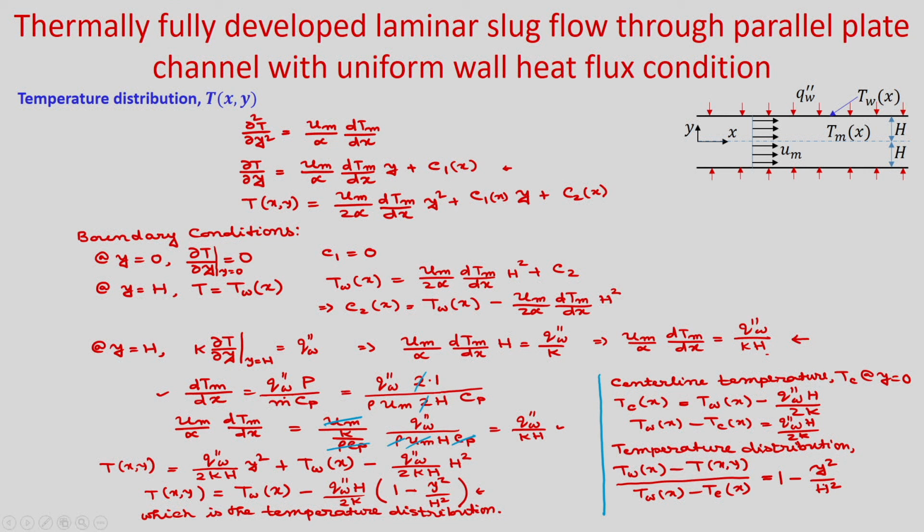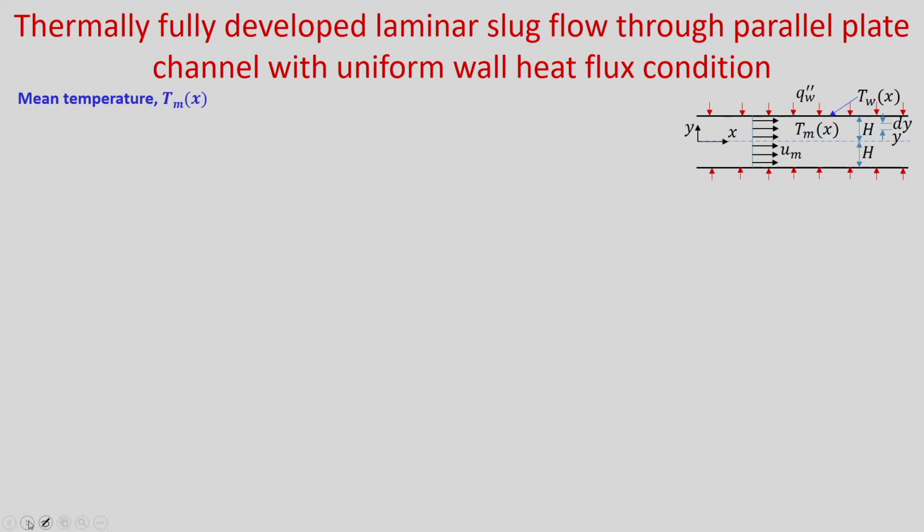To calculate the heat transfer coefficient, we need to find the mean temperature, because we will define the Nusselt number or the heat transfer coefficient based on the difference between wall temperature and the mean temperature. So let us calculate the mean temperature now.